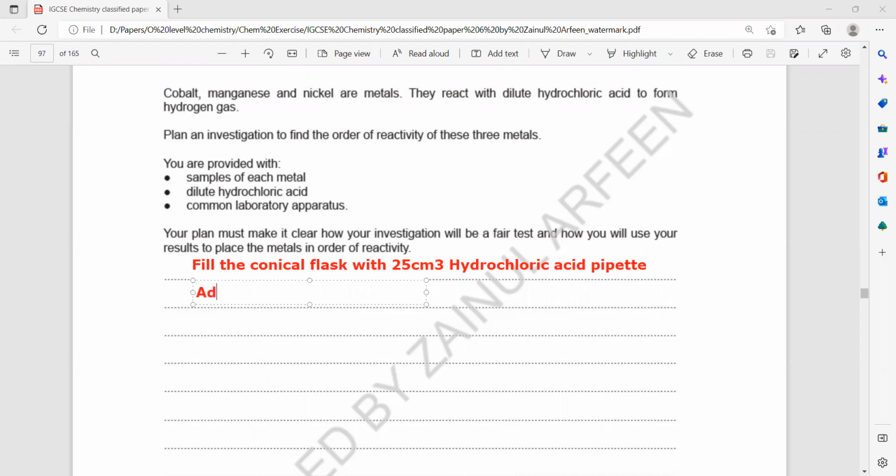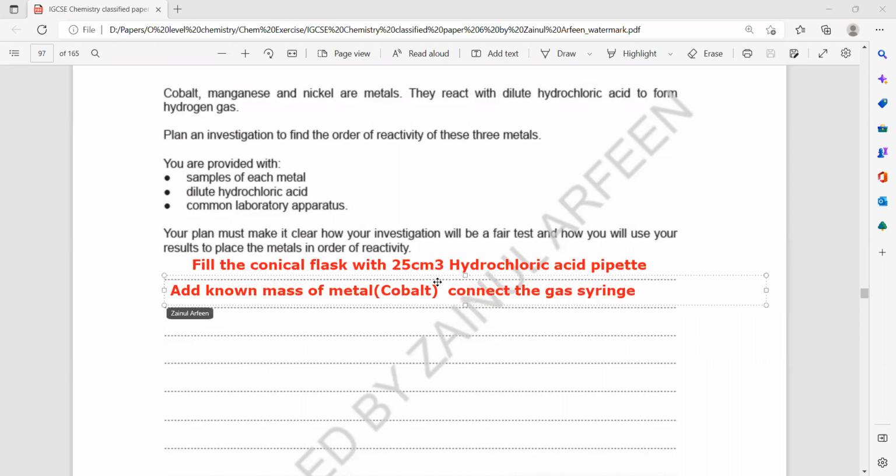Then we'll add a metal of known mass and connect the gas syringe. Which metal are we adding, for example? Say the first one is cobalt, so we are adding cobalt first. We connect the gas syringe by a delivery tube.